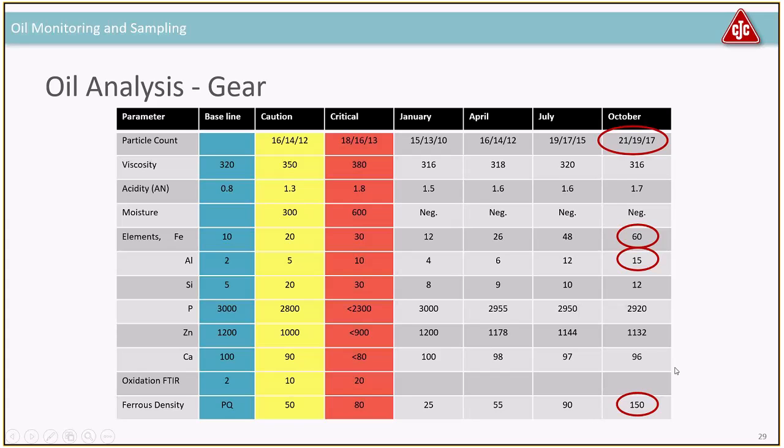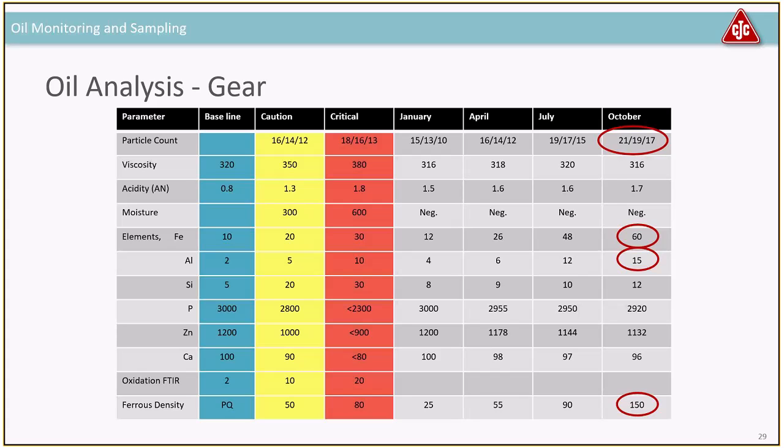I like this because if they only looked at the elements, there are many labs that do not flag a gearbox before you are at 80 or 100 parts per million iron. So they would not actually have seen this. Now, you can see they would have, but some labs just put in 80 or 100, and then you wouldn't have flagged this. But you can see on the ferrous density test, the PQ test, that they are getting a lot of big chunks of wear.